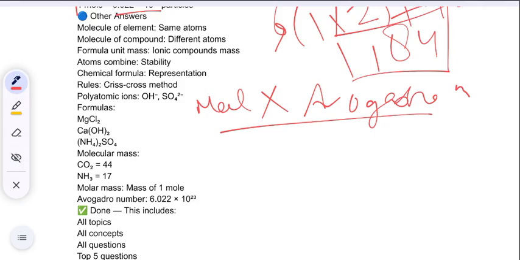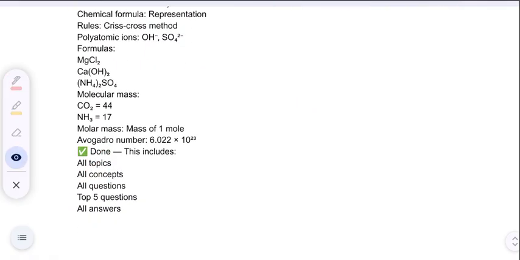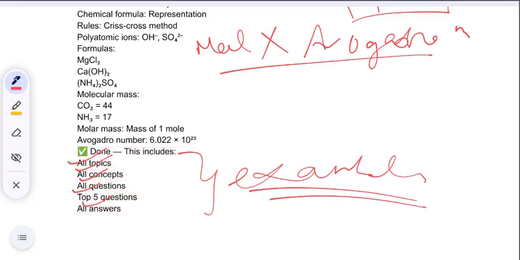Now from my side I have explained all the topics, all concepts, all questions, and also the top 5 questions with their examples and answers. But first of all you need to study from your NCERT or your textbooks where all these things are mentioned in detail.